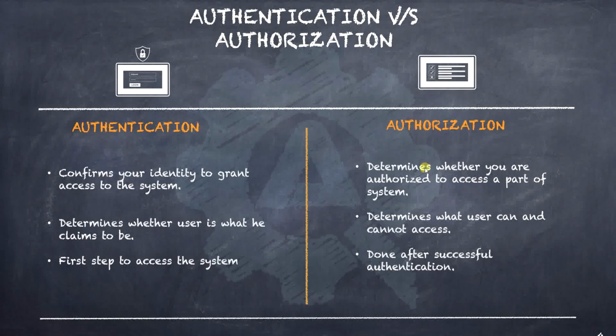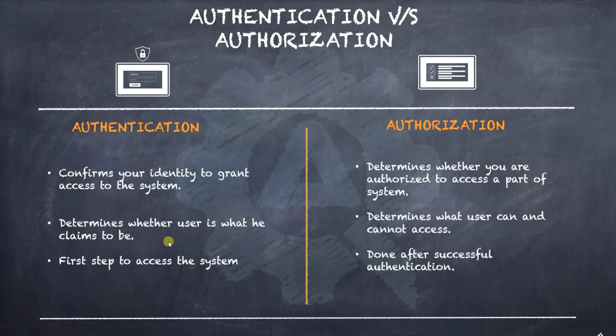Speaking about authorization, it determines whether you are authorized to access a part of the system. Basically, when you have presented the ATM card and the secret code, it has given you access to a part of the system, and that is nothing but the bank account in your case.